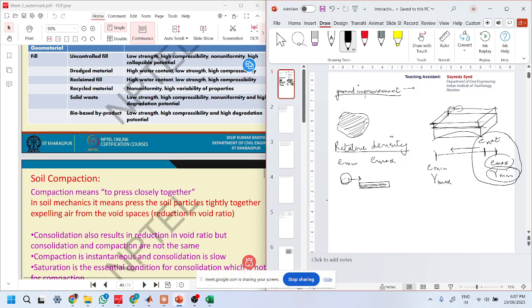If we talk about it in a little more depth, in your phase diagram, this is solid, this is water, and this is air. What compaction means is that you expel the air from the voids, you reduce the volume of the voids itself, because the volume of solids or volume of water will not change, it will remain the same.